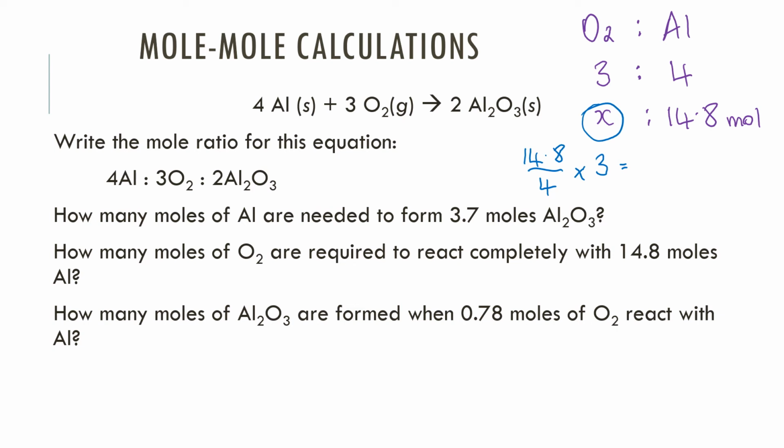That tells us that we need 11.1 moles of oxygen gas to completely react with 14.8 moles of aluminium. Completely react means we've got nothing left over. All the oxygen has been used up, all the aluminium has been used up, and it's all been converted completely to aluminium oxide.